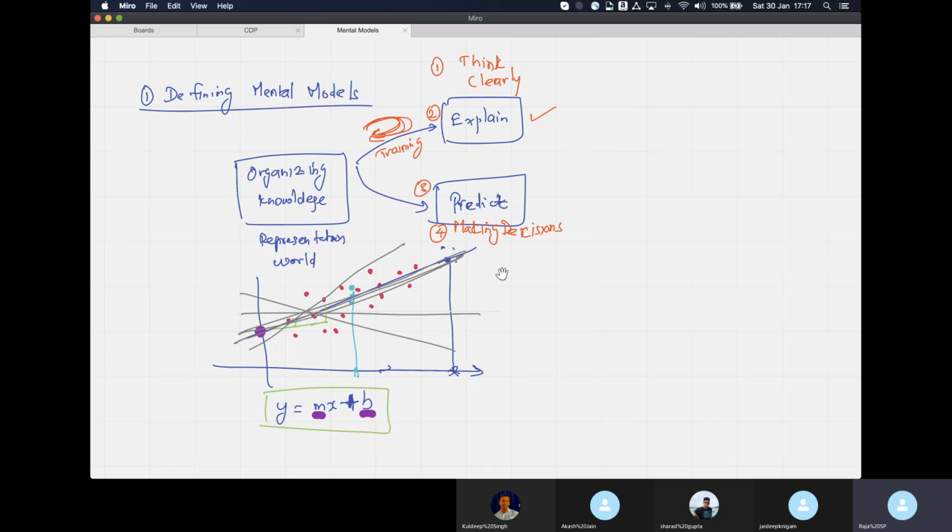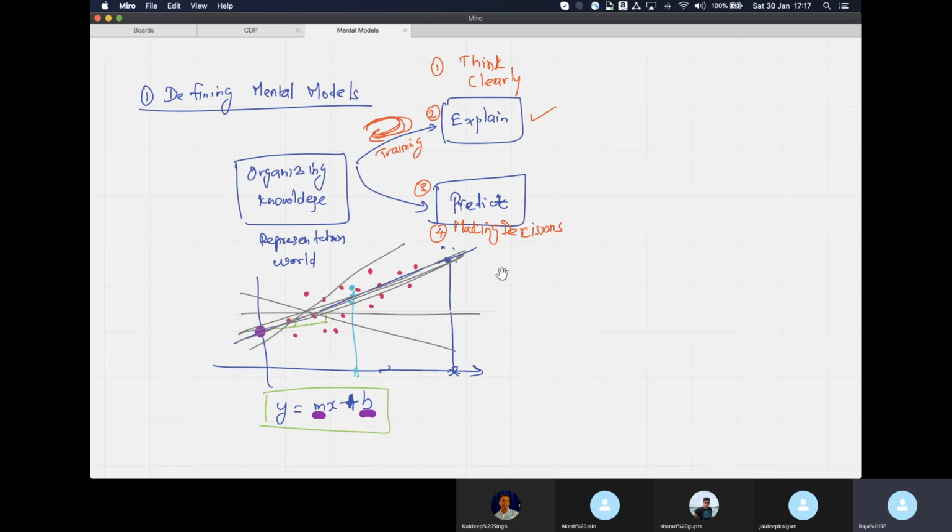So similarly, mental models go through that method also. We use a mental model to explain things, and if we think that there is an anomaly in our explanation, then we keep iterating through the model until we get sufficient amount of accuracy in all these 4 dimensions. Okay, so far so good.